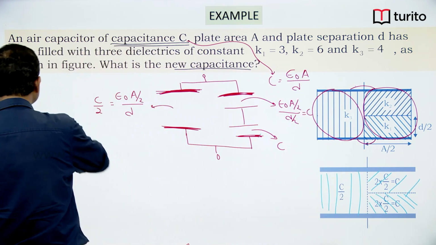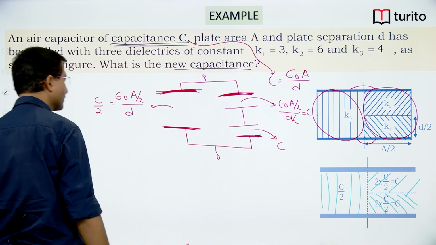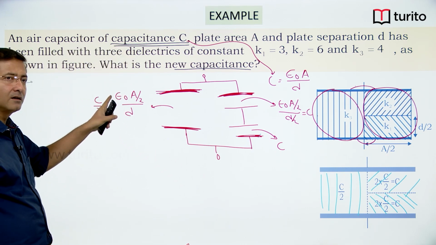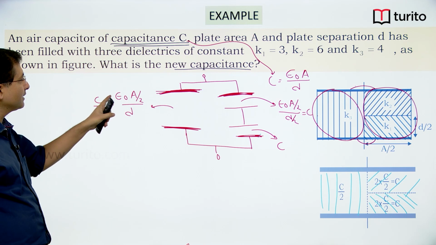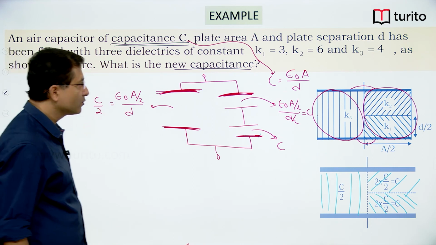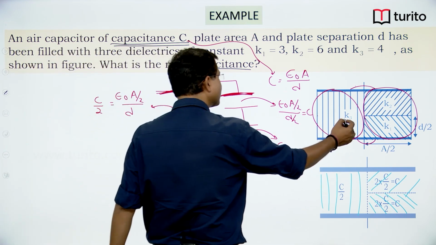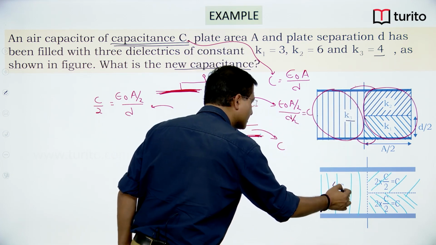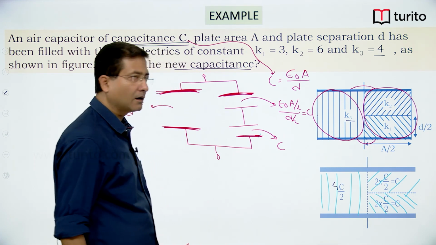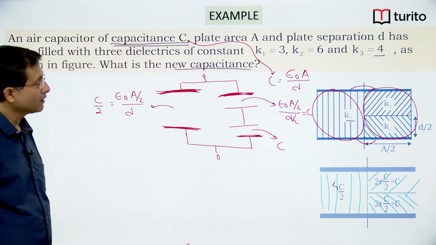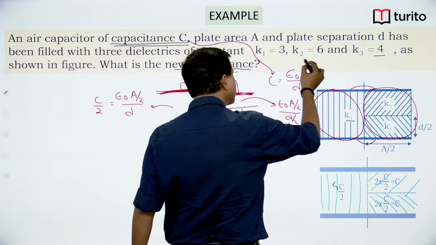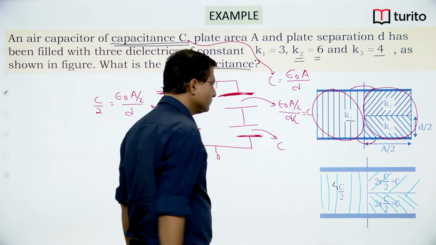the capacitance now will become, if a dielectric of dielectric constant K is placed, then capacitance will be K times this. So here I am placing K3, which has dielectric constant 4. So here it will become 4C by 2. I hope it is clear. Now for this one I am placing K2, which is 6.